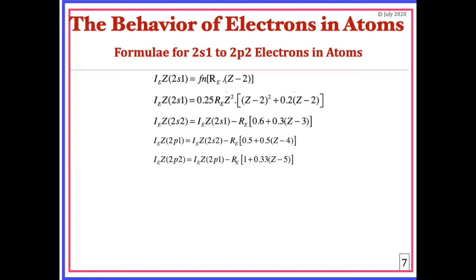The 2s1 electron is the first electron in the second energy level after the two 1s electrons have screened out the effect of the two protons inside the nucleus. The two inner electrons have forced the next set of electrons further away from the nucleus, reducing the intensity of the ReZ squared effect available for the first 2s1 electron.